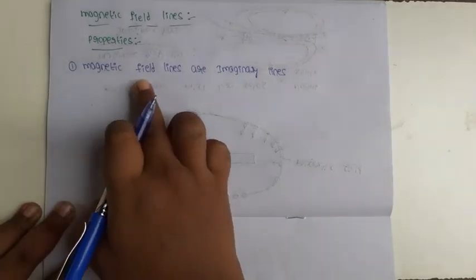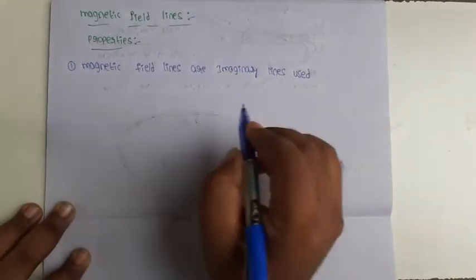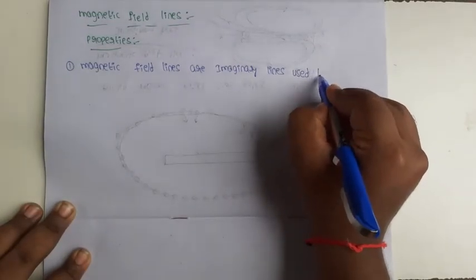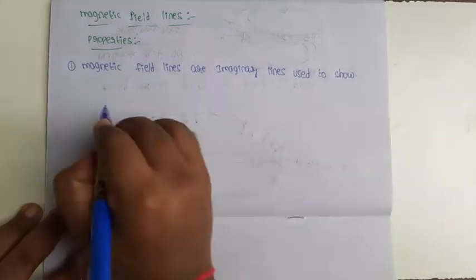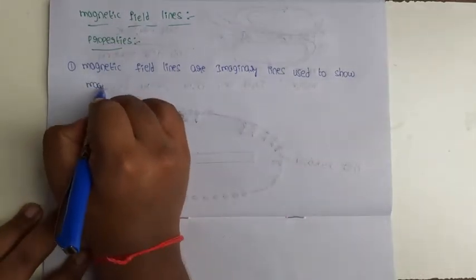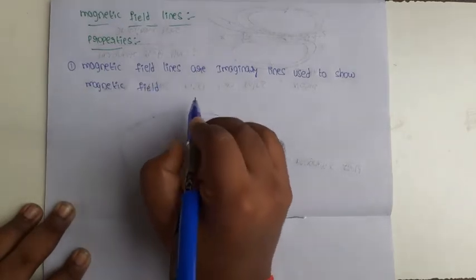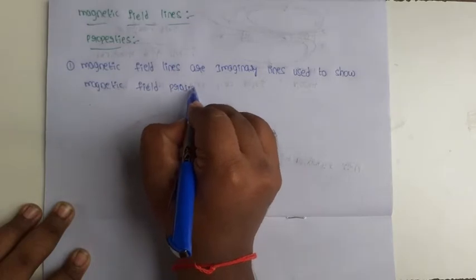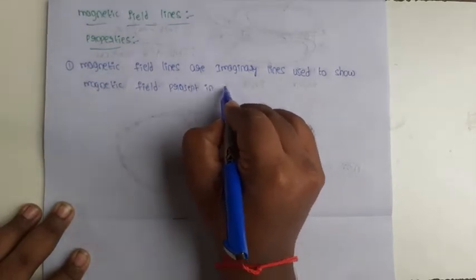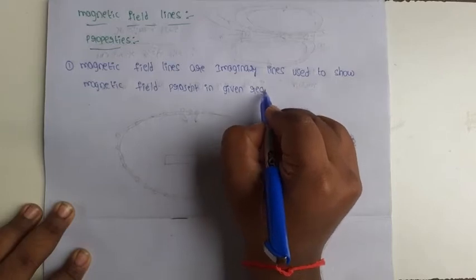What is the use of magnetic field lines? Magnetic field lines are used to show the magnetic field present in a given region.